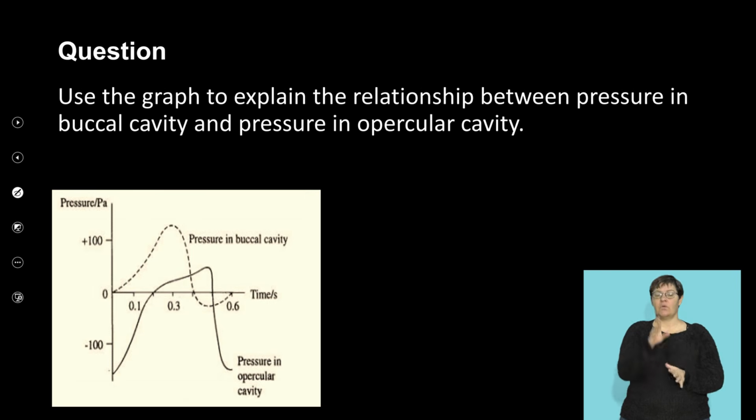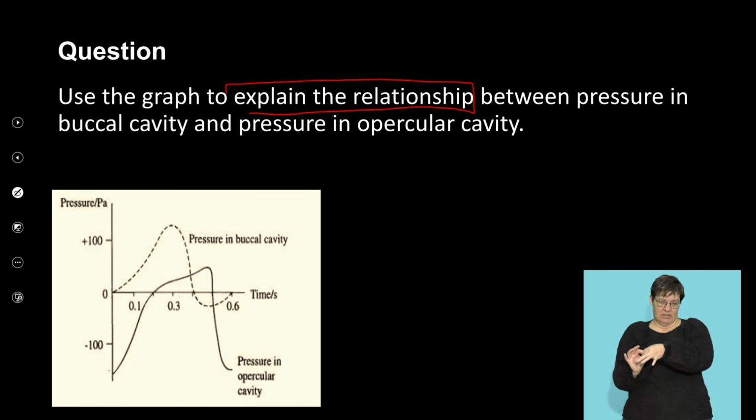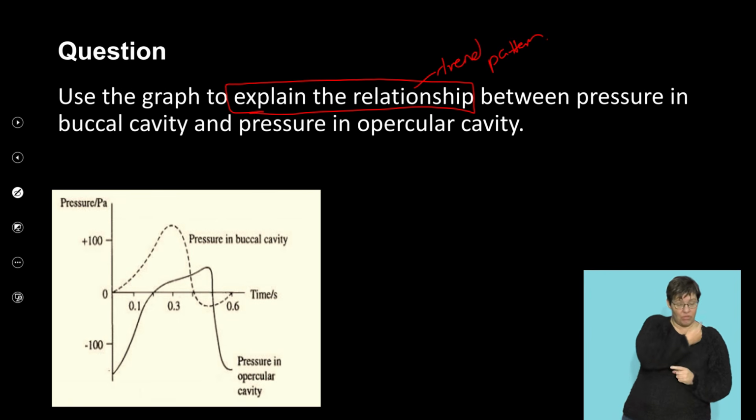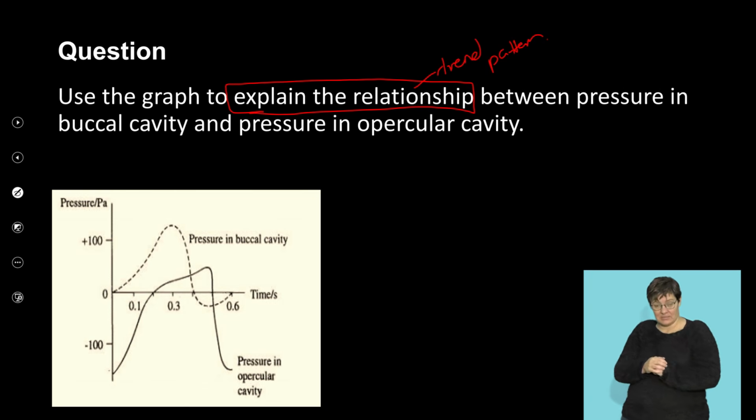Okay, now we need to explain. It says, use the graph to explain the relationship. It doesn't ask you to explain what is happening. It's asking to see, do you see a relationship, or a trend, or another pattern, between the pressure in the buccal cavity and the pressure in the opercular cavity. Guys, have a look over here. So the pressure is very simple.